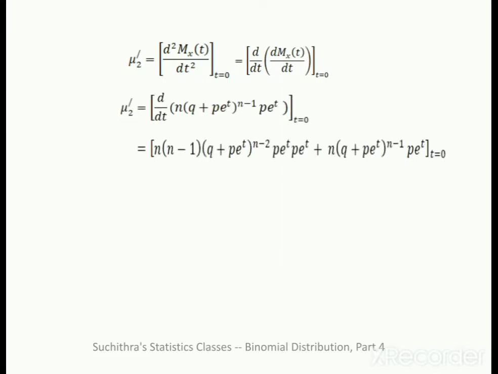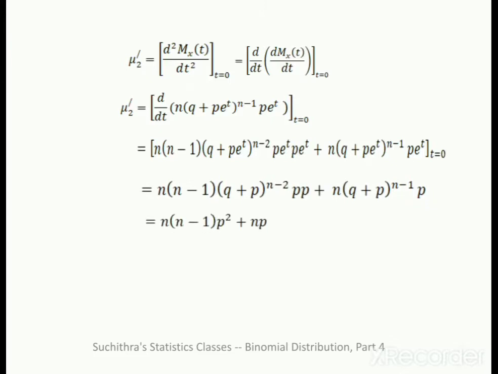Proceeding, you will get mu_2' is equal to n(n-1)p^2 + np. And mu_2 equal to mu_2' minus (mu_1')^2, which is equal to npq, by applying the values of mu_2' and mu_1'.